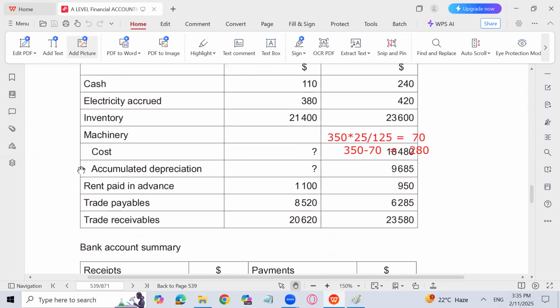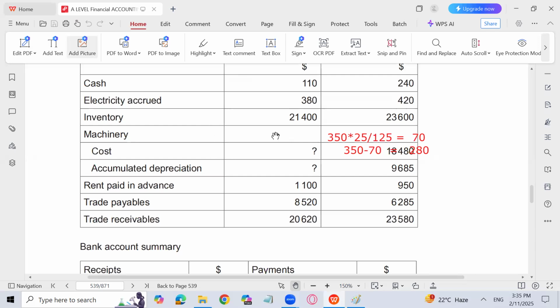So accrued at the end will be added and opening will be subtracted. So 3680 minus 420 and plus 380. You can prepare the T account, no problem in that, right? Because for accrued expenses, opening has to be subtracted and closing has to be added.